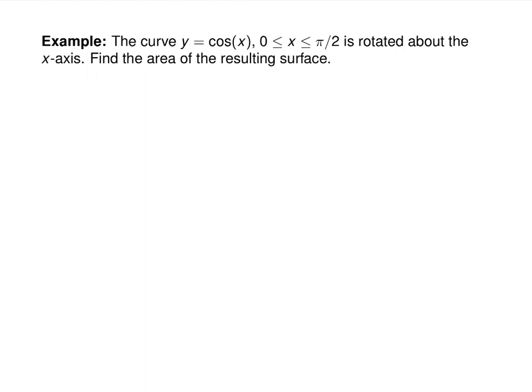And here, let's set one up, but not solve it, because I'm pretty sure the solving involves a trig sub that's just pretty tricky, and that's all we want to do, is just set it up. So the curve y equals cosine x is rotated about the x-axis. So cosine begins at 1 at 0, and by pi halves, it's at 0.